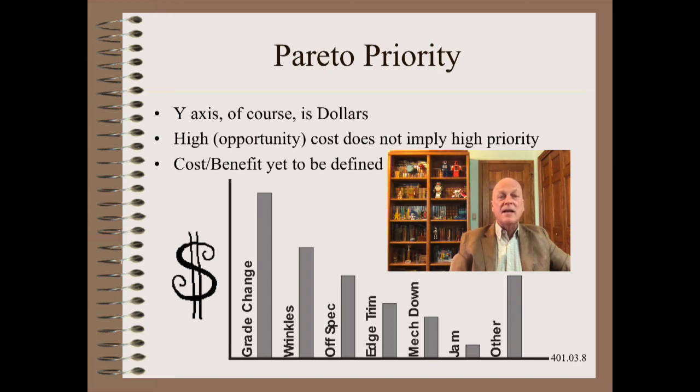Finally, this does not consider cost-benefit. We may find that number one is number one for a darn good reason. It might be difficult or expensive to budge. Still, ranking opportunity costs is a worthwhile place to begin as long as you don't get lazy and stop there.